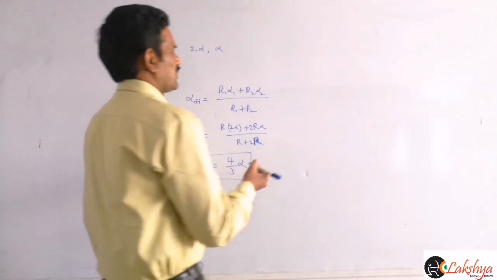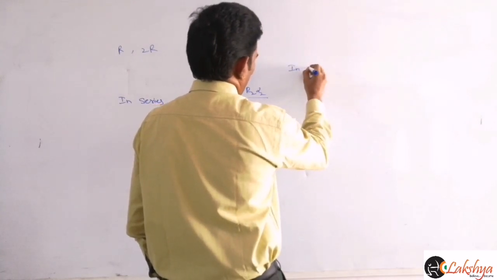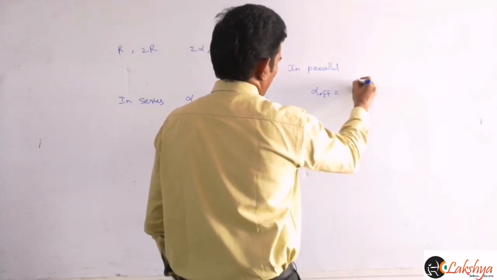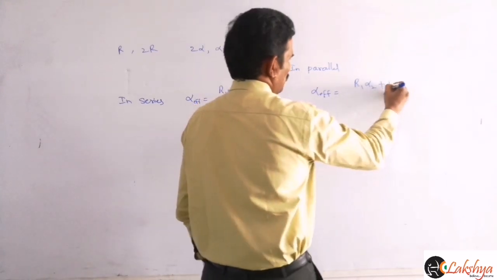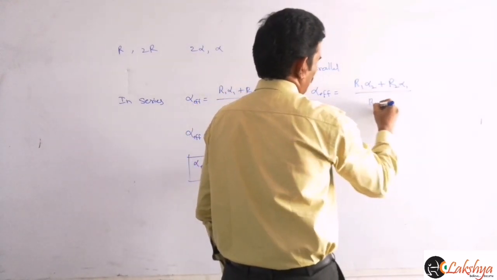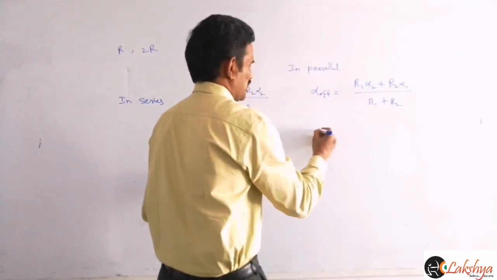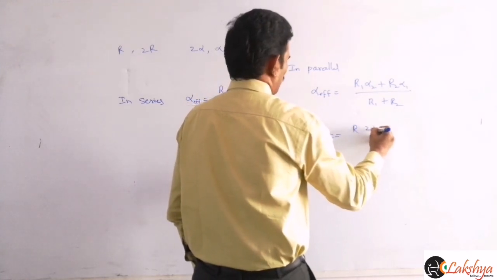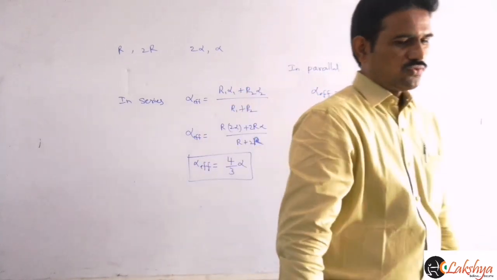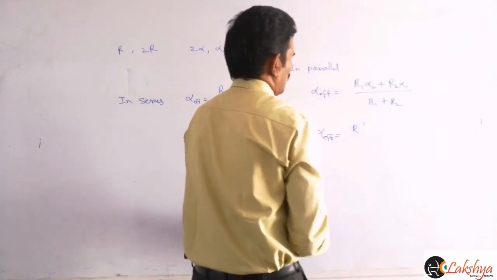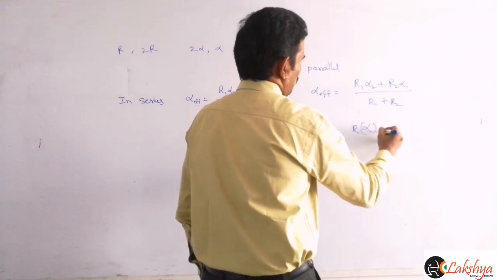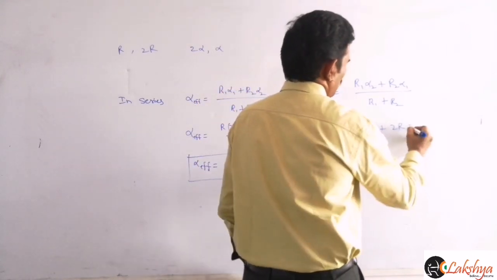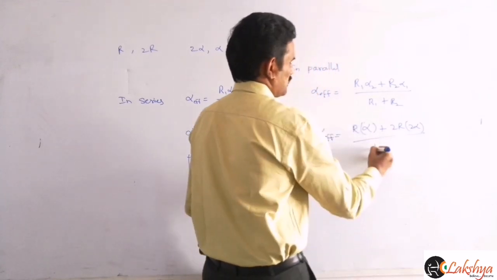Similarly, we know when they are joined in parallel, alpha effective is given by R1 alpha 2 plus R2 alpha 1 by R1 plus R2. Again substitute those values here. R1 is R and alpha 2 is alpha, so R into alpha, plus R2 value is 2R and alpha 1 is 2 alpha, so 2R into 2 alpha, by R plus 2R.